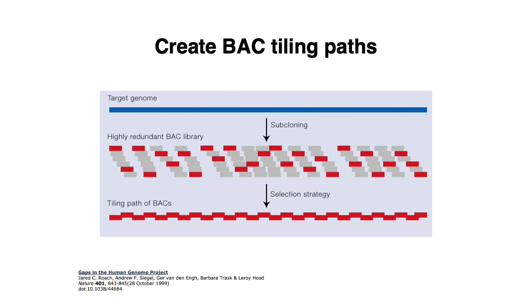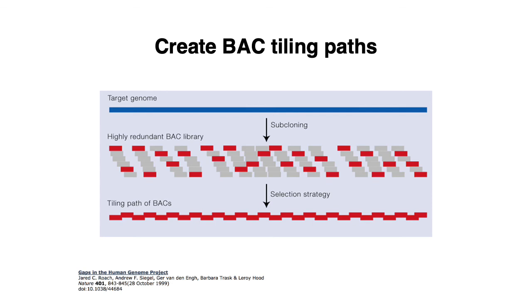And because you started out with many copies of the original genome sequence, your BAC library is going to be highly redundant, right? If you consider all of the BACs in your BAC library and where the insert came from on the original genome sequence, you're going to have a lot of different regions being represented by multiple BACs.